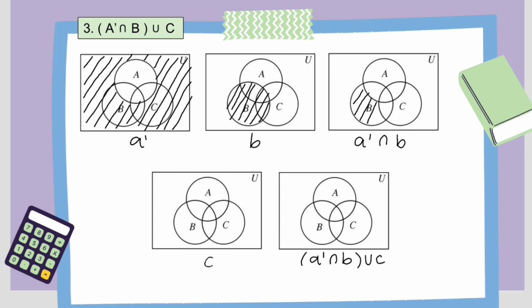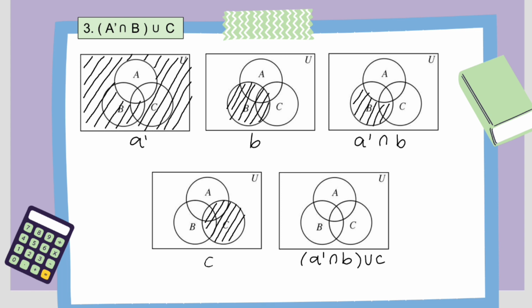So only this part of set B, not the whole set B. Next is C. Simply shade the whole set C.